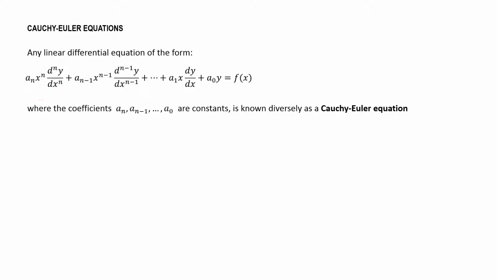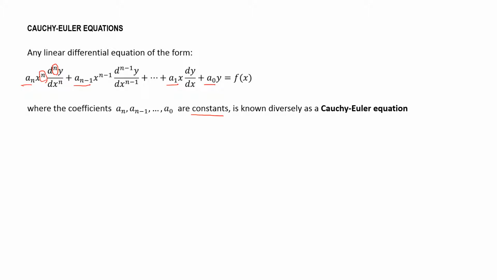Now let us analyze this equation. Look at a_n, a_{n-1}, a_1 and a_0. These are all constants. And look at the power of x. The power of x is the same as the order of the derivative of y.